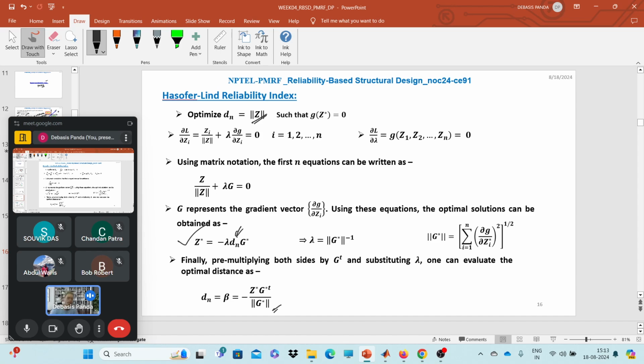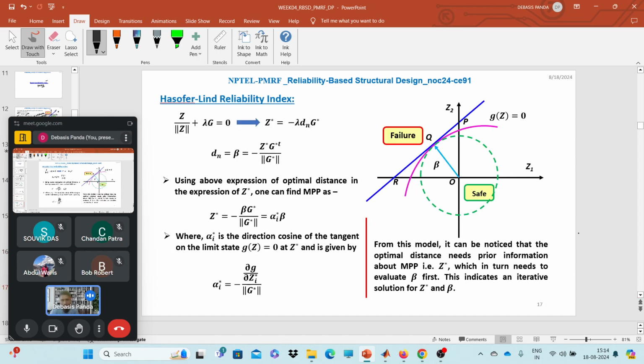Now I will explain all the terms one by one in a minute. Just hold for a second. So we have found the optimal solution using the Lagrange multiplier technique to minimize our problem. The final solution is beta equals z star g star transpose by the Euclidean norm of g. Now what is that g?